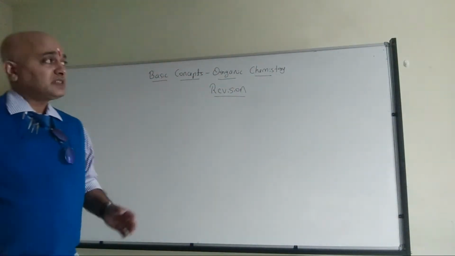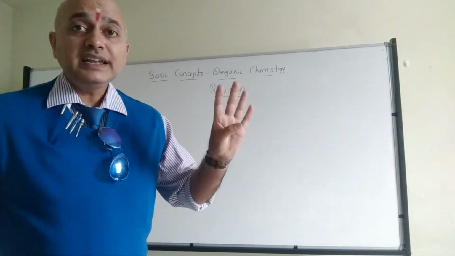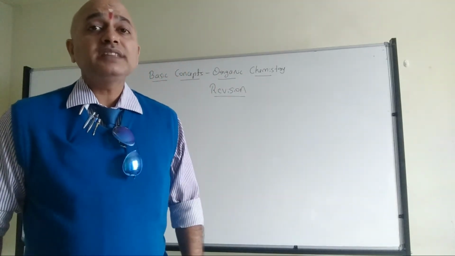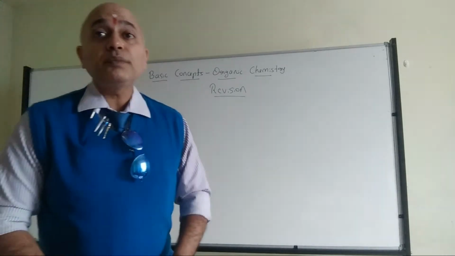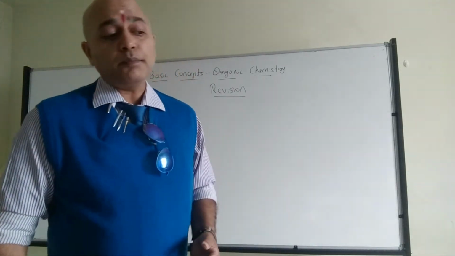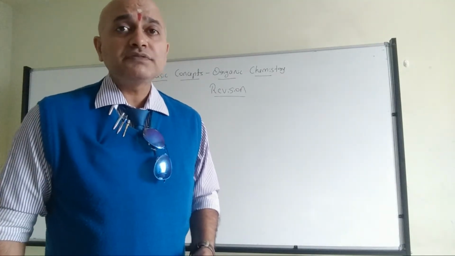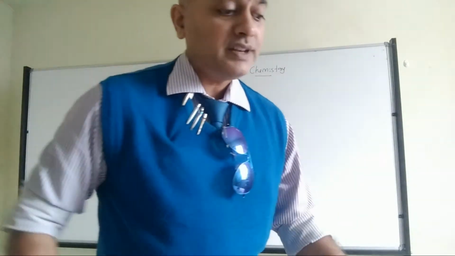Aromatic compounds should follow Huckel's rule, and then it should have the cyclic structure. These are the requirements for a molecule to behave as an aromatic compound. All of you have understood? Any doubts with regard to this one? Okay, shall we move to the next one?